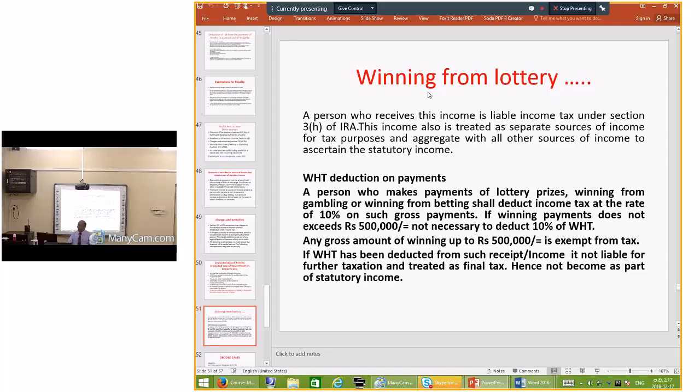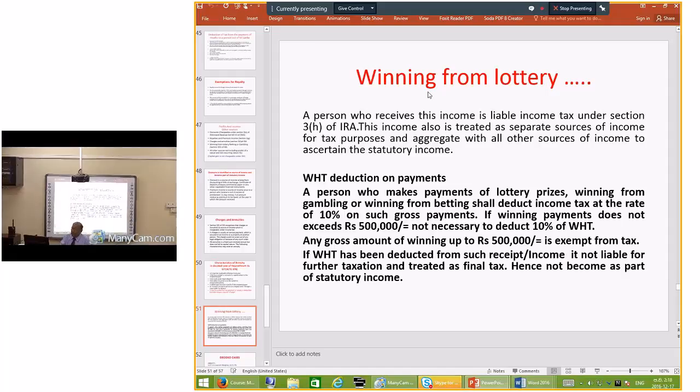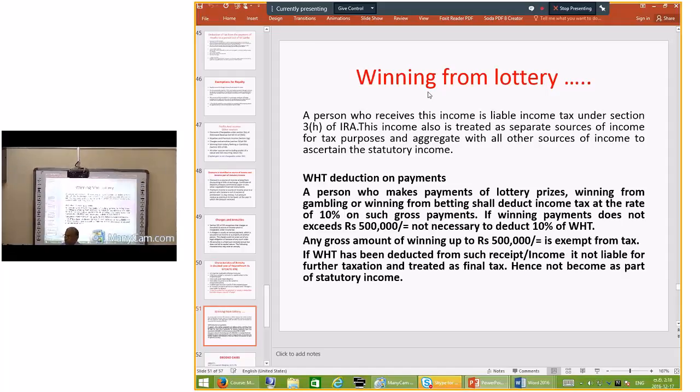To charge the tax in the winner's hand, the winning has to be recognized as a source of income under the Inland Revenue Act, and therefore this is also a profit and source of income under the heading of profit and income.